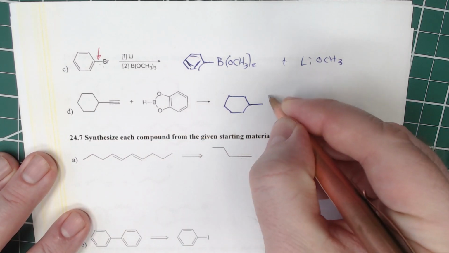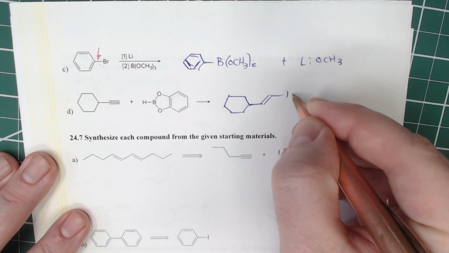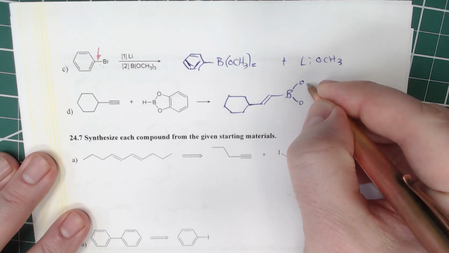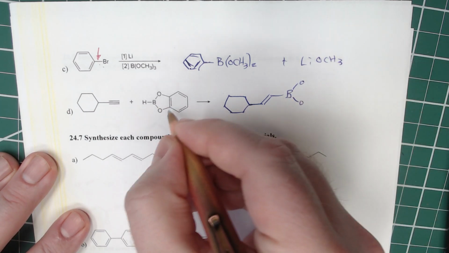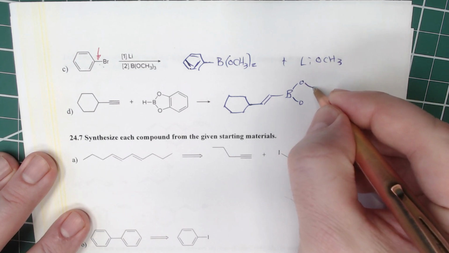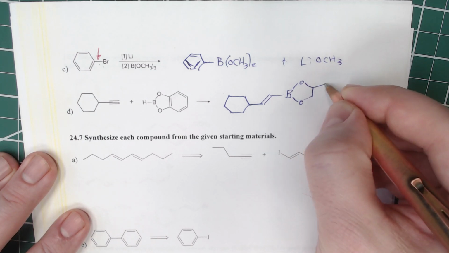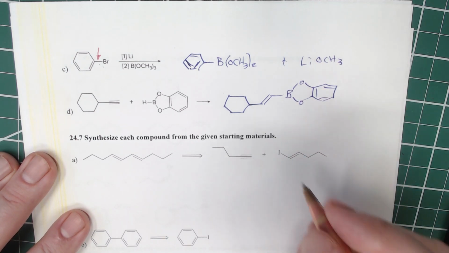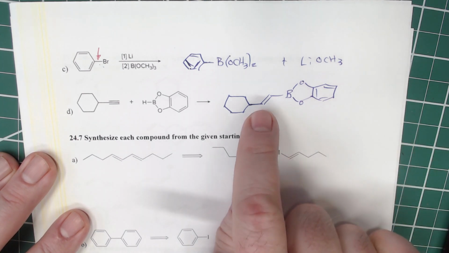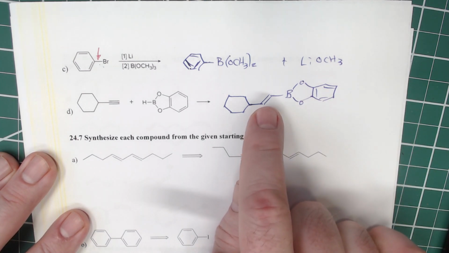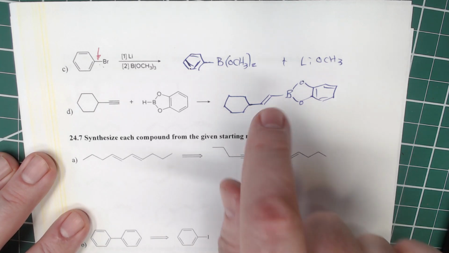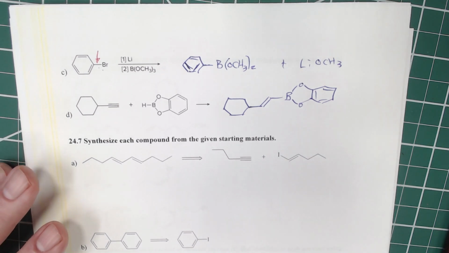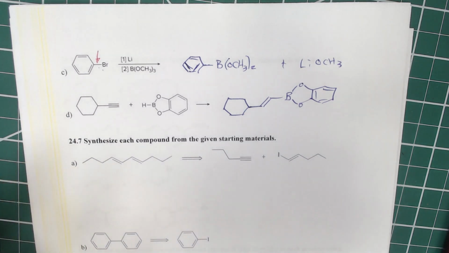So we'll get a carbon-carbon double bond, and then boron. We'll go ahead and draw the other components of this; this is the catechol borane. All right, and we will get the E stereochemistry at this carbon-carbon double bond. And then this we could use in the synthesis, doing a Suzuki coupling.